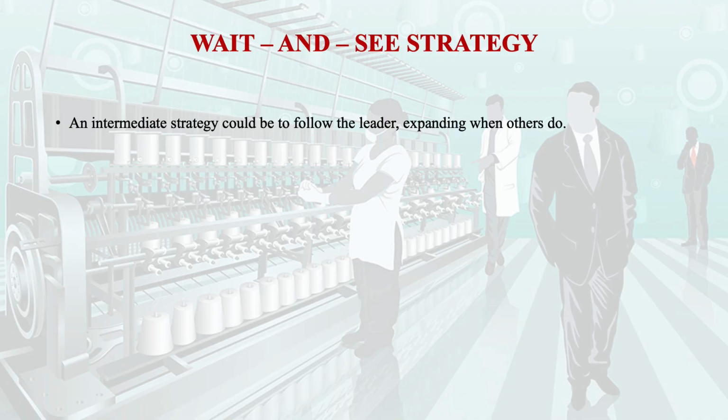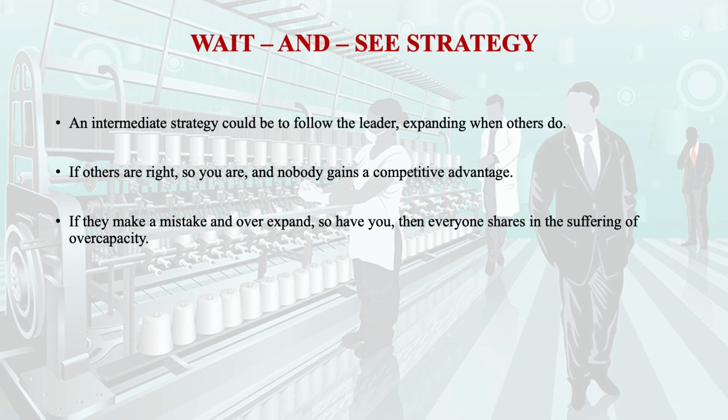It is also called the intermediate strategy, and it follows the market leader. If others are right, then you will also follow the right track. If they make a mistake, then there are chances to rectify your decision or your strategy.